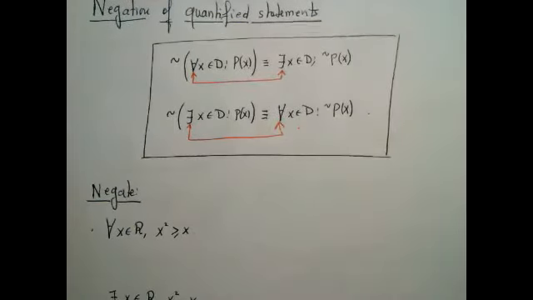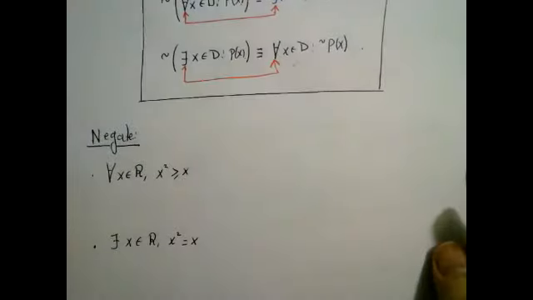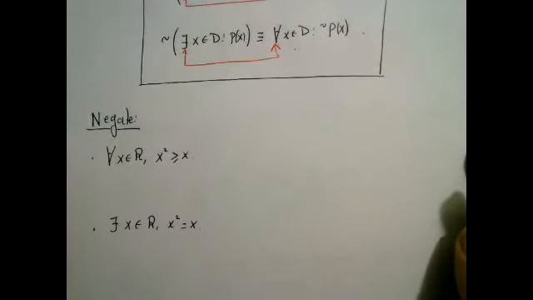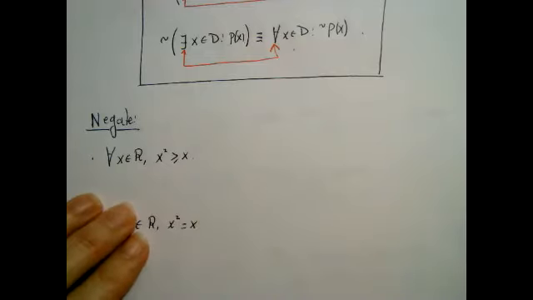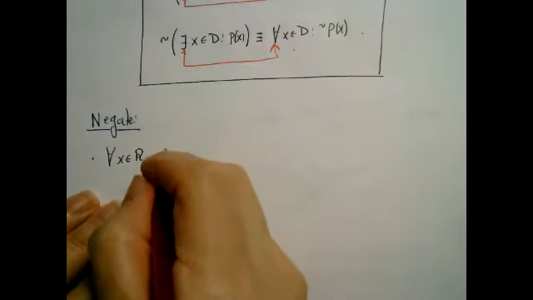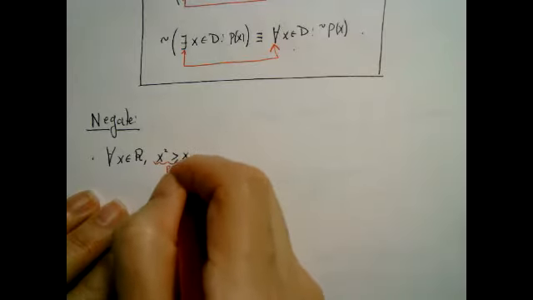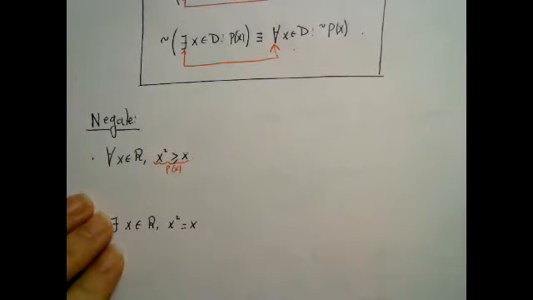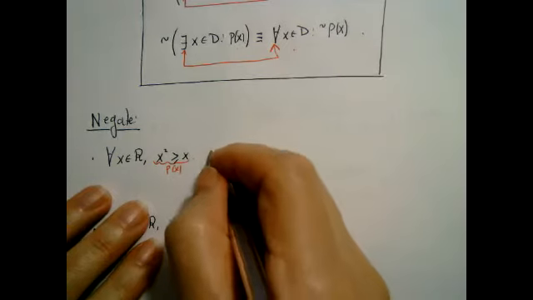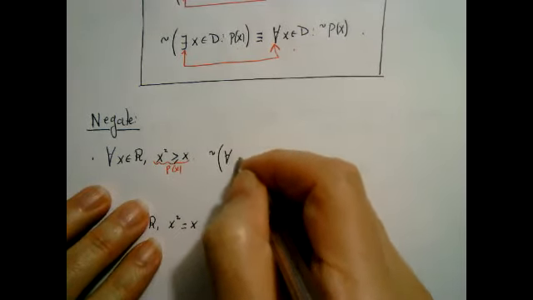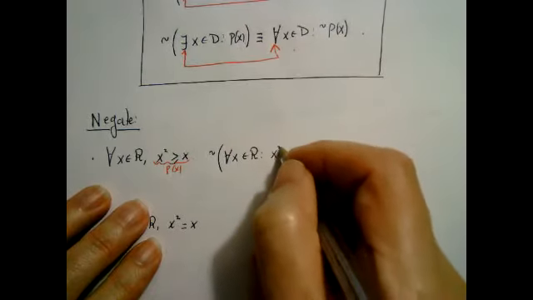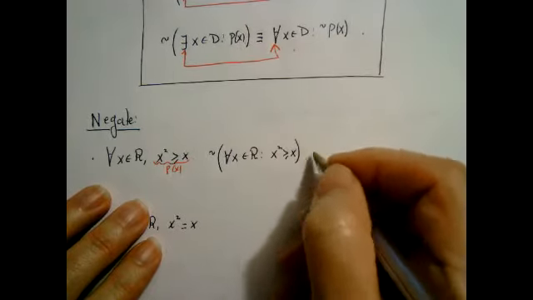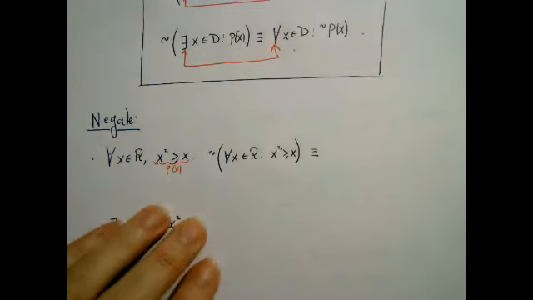All right, so let us negate quickly, because I want those to become second nature to all of us. So negate. This is my P of x in here, and that's, of course, my domain. So now I need to negate: for all x in R, x squared is bigger or equal to x.